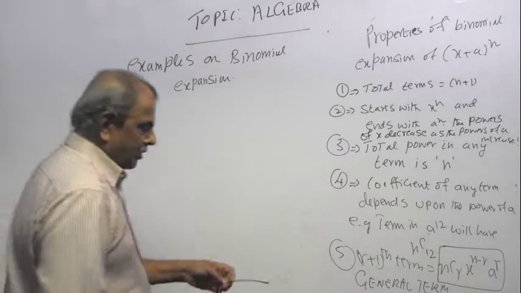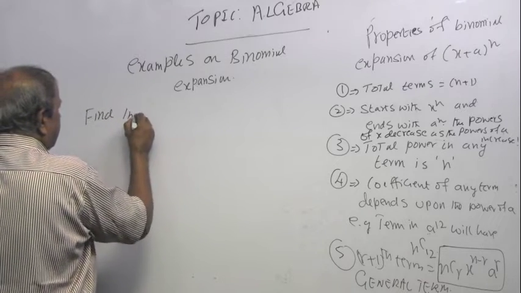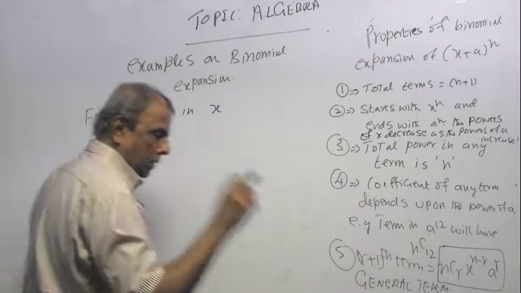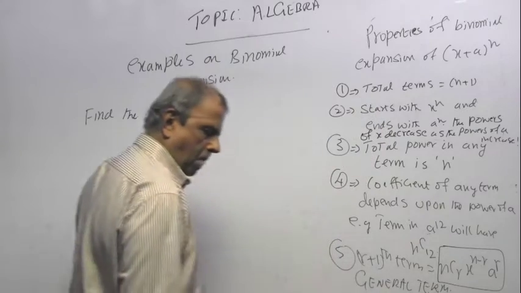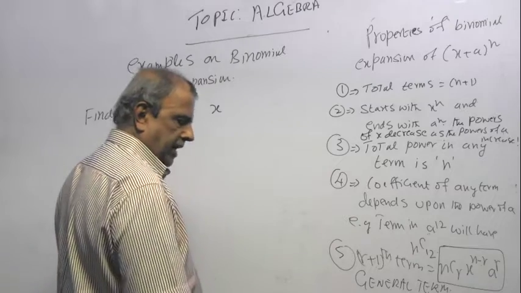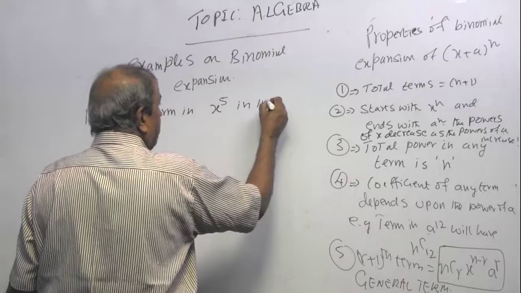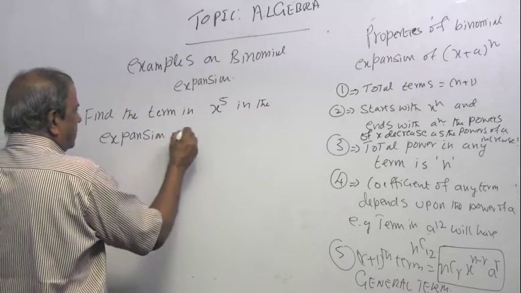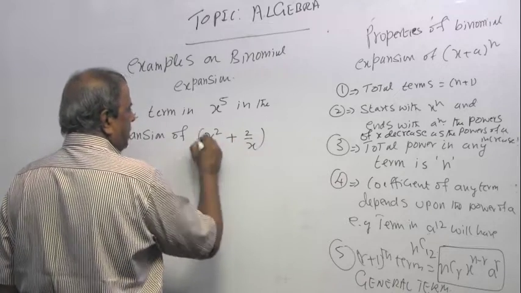For example, I want to find the term in x power 5 in the expansion of x squared plus 2 over x power 7.